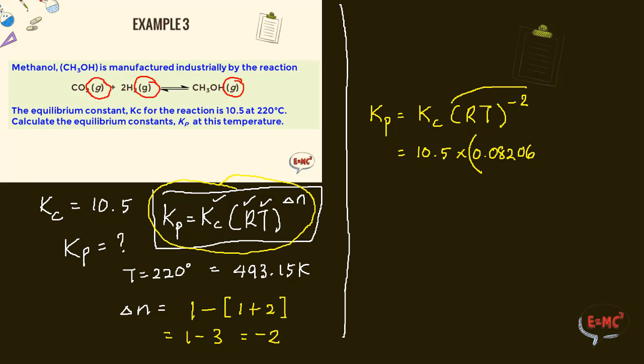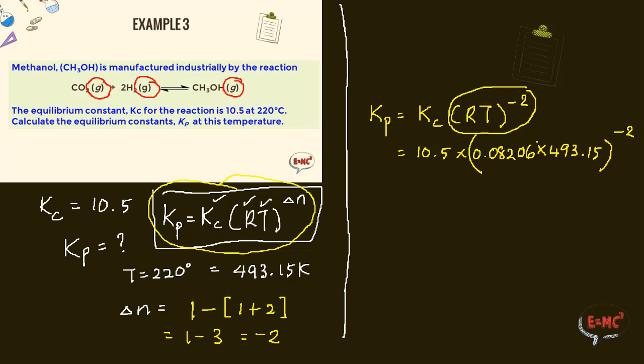So kita nak cari Kp tak payah masukkan unit. Okay, ini pula kena hati-hati, ada kurungan. Tengok kat sini, ini yang kena berhati-hati. Times 493.15, tutup kurungan, power of negative 2.